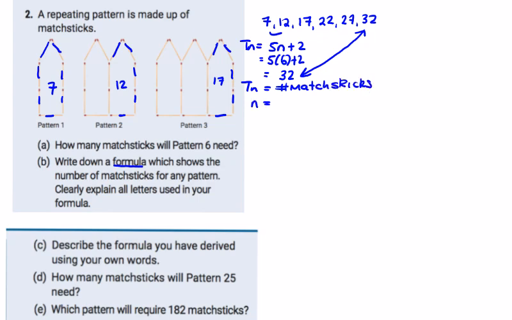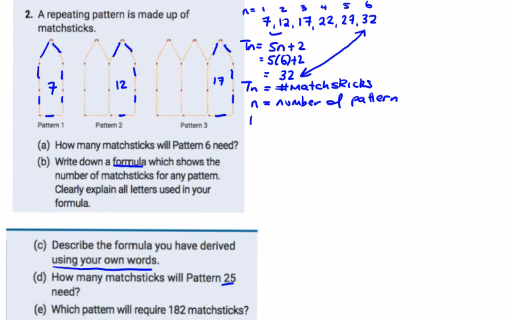And n is equal to the number of the pattern, something along these lines if you're asked to explain. And then describe the formula in your own words. There's loads of ways to do that. You start with 7 matchsticks and add 5 each time, might be the easiest.